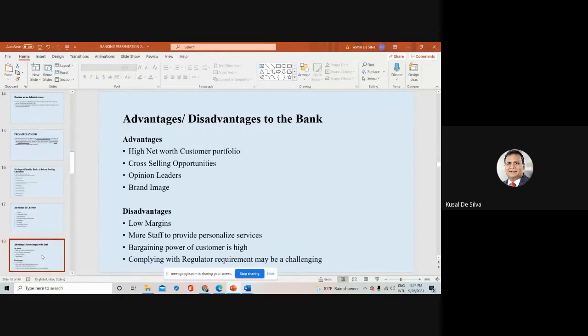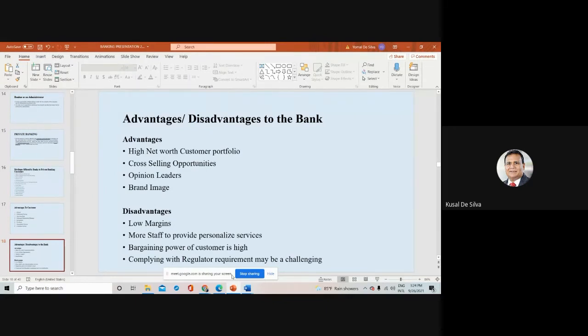That is a very critical challenge all banks will have in today's context, because we need more team members or staff members who are competent and knowledgeable to provide the required solutions.